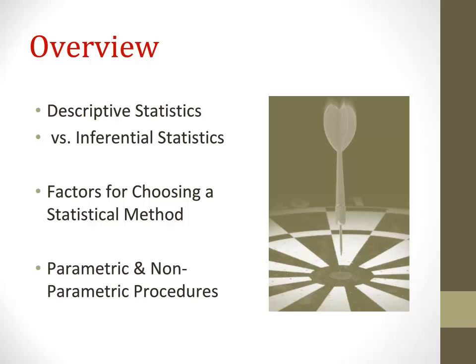At this point, you should understand that there are two types of statistics: descriptive and inferential, and be able to define those. Be able to identify the 3 factors for choosing a statistical method and how they inform the choice. And then finally, you should understand the difference between parametric and non-parametric procedures and when one is more appropriate to use than the other.